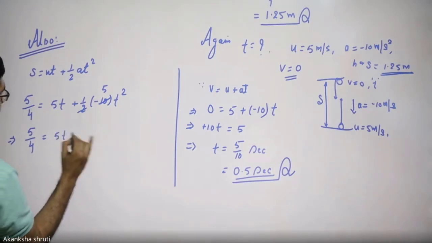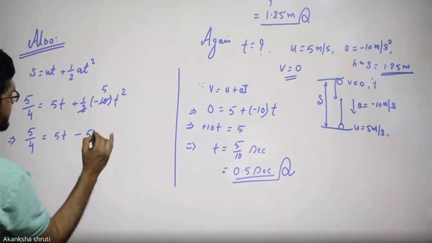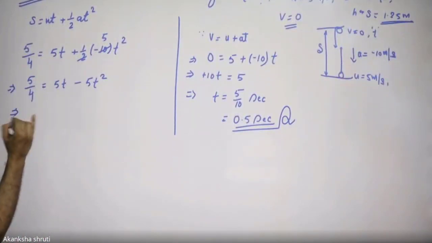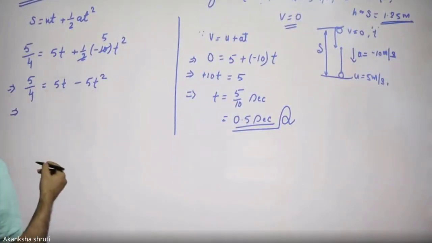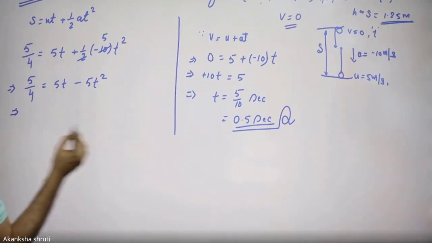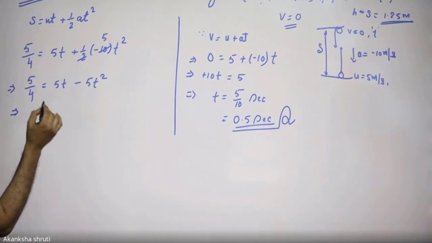So it is 5t minus 5t square. This is a quadratic equation, and we have learned how to solve the quadratic equation. In our previous class we had learned, or even in earlier mathematics I was also explaining.